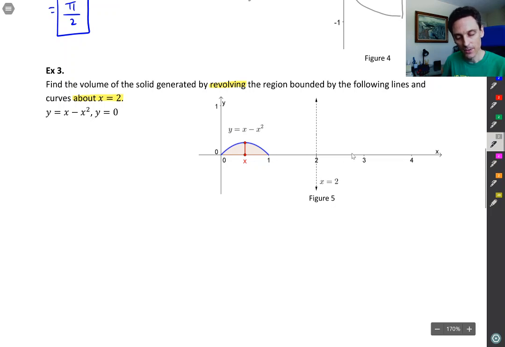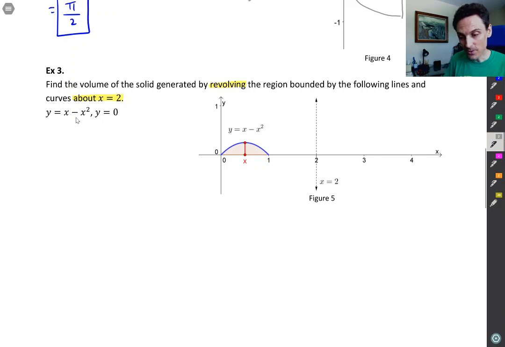Y equals 0 is the horizontal line along the x-axis. Y equals x minus x squared will be a parabola that opens down because of the negative in front of the x squared. And if it opens down, it's got to have its vertex above the x-axis if these two things are going to be intersecting each other to create a region.